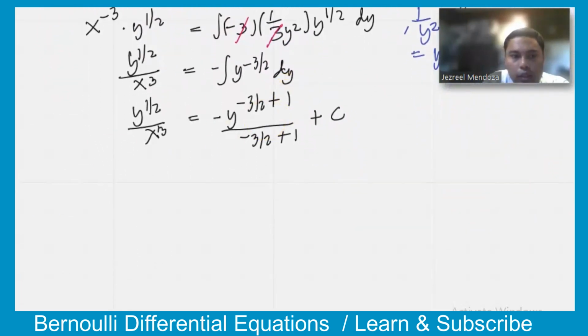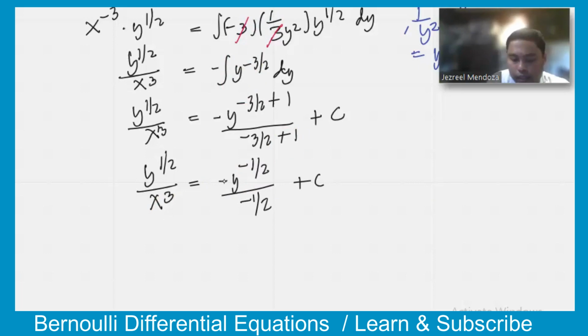And then to continue, y to the 1/2 over x cubed, then negative 3/2 plus 1, by using the calculator, is negative 1/2. Okay, so this is negative y raised to negative 1/2 all over negative 1/2 plus c.